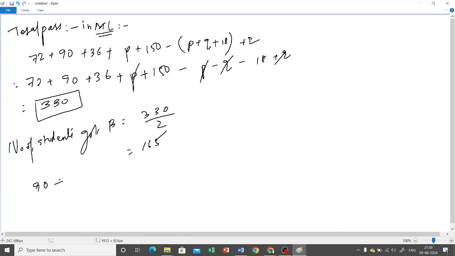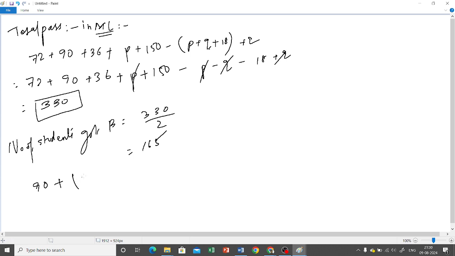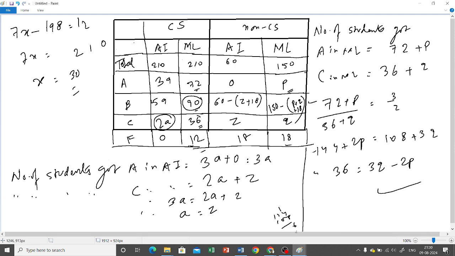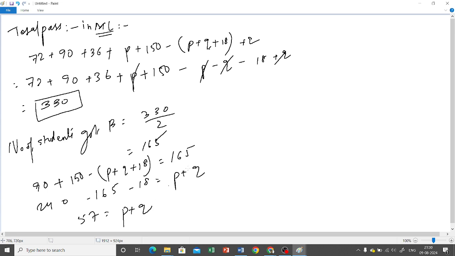So that is 90 plus 150 minus p plus q, plus 240 minus 165 minus 18, that is equal to p plus q. Okay, so I need to calculate this. That is going to give me 57. All right, understood?